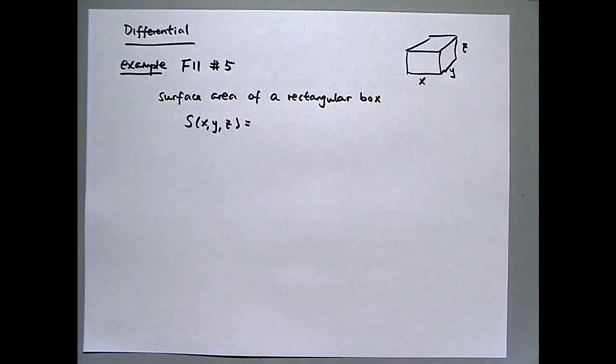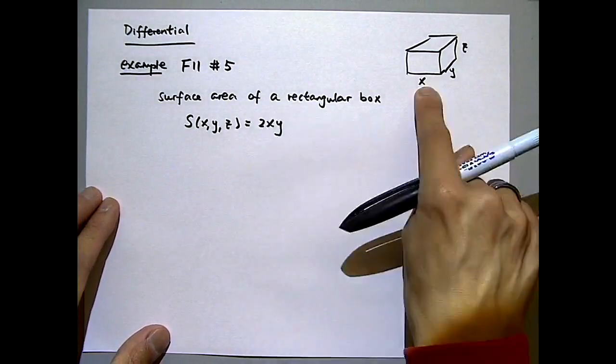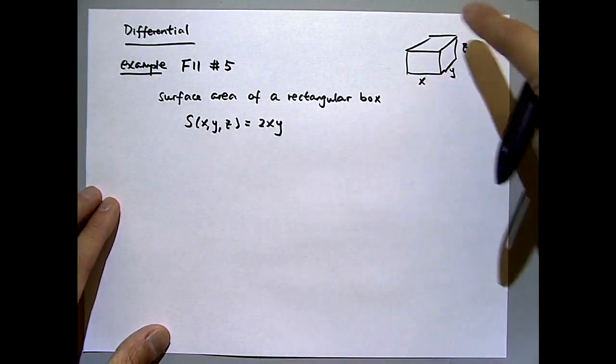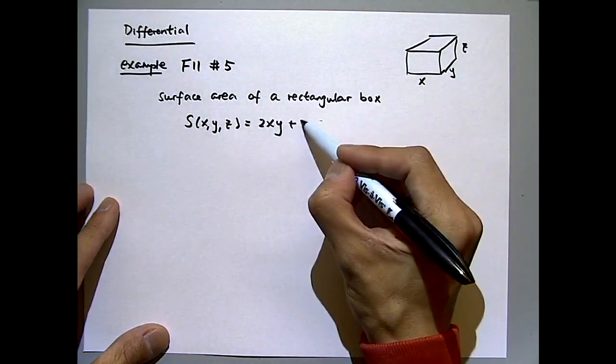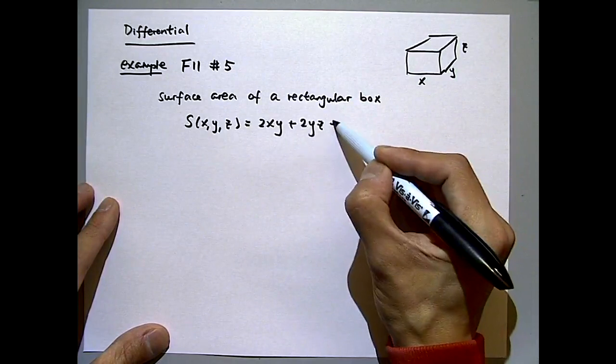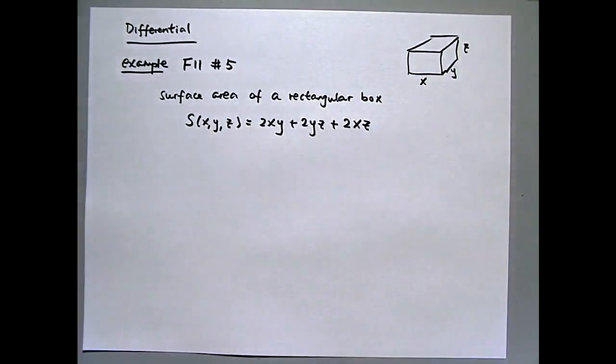The surface area given in the problem is 2xy, since xy would be the bottom and the top, two of those, plus 2yz plus 2xz. There's 6 faces. You add them all together. That gives you the surface area.